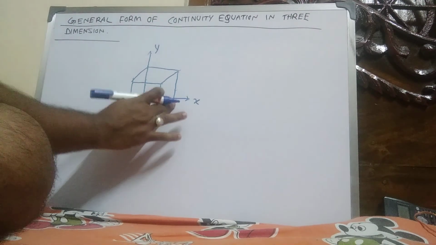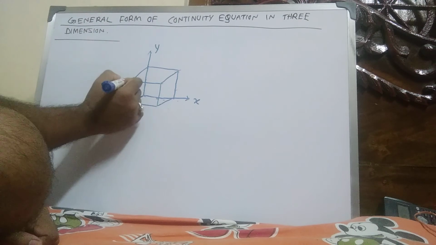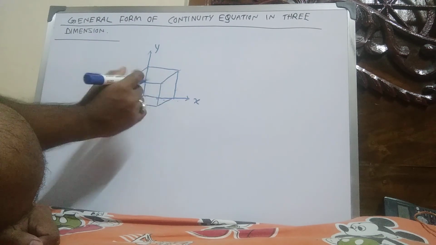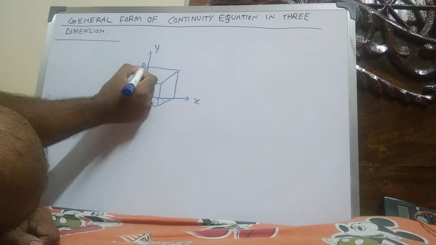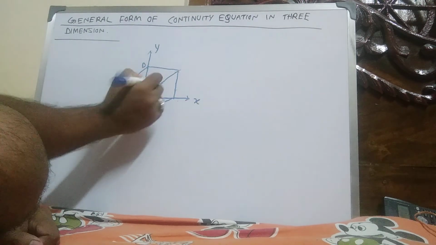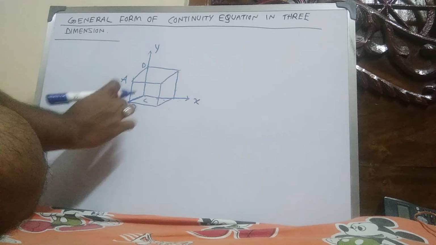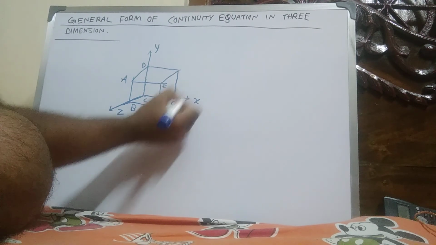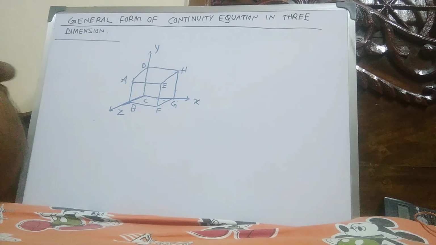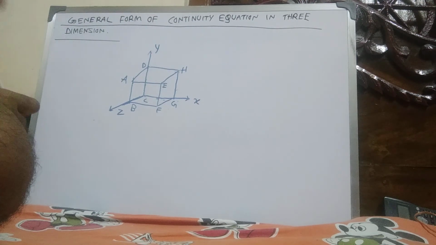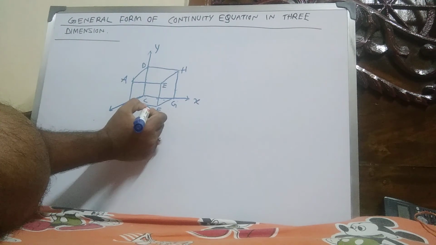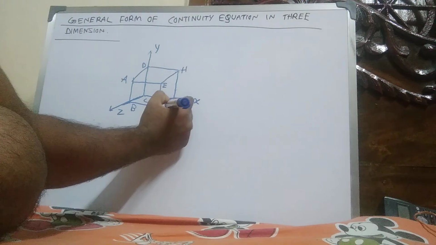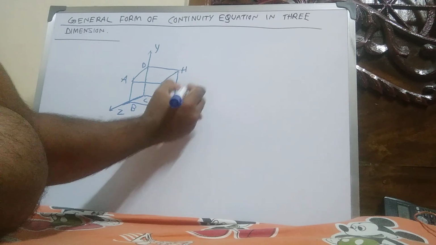Suppose this is the fluid element A, B, C, D, and this is the face, and E, F, G, H, this is the other face. Consider that this length is dx in x direction, this is dy.